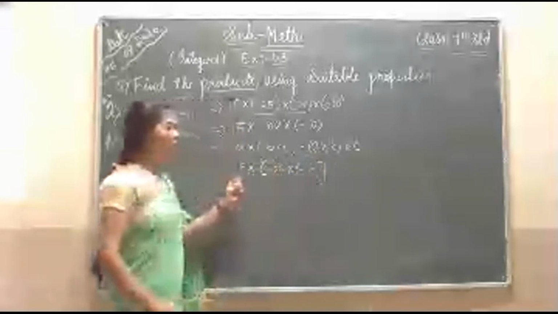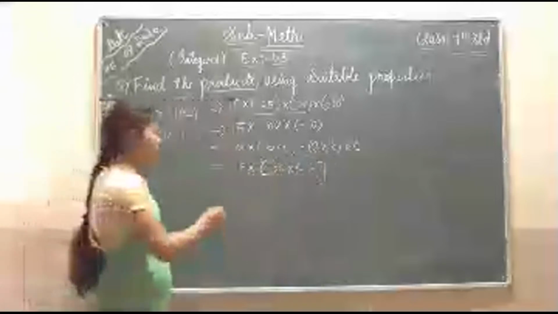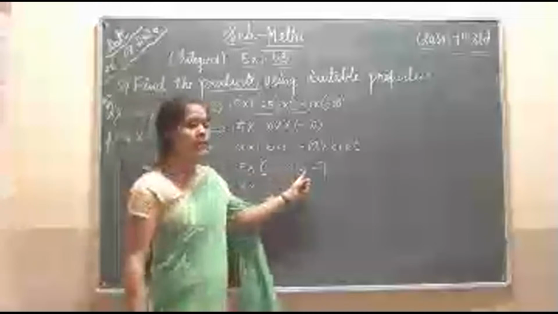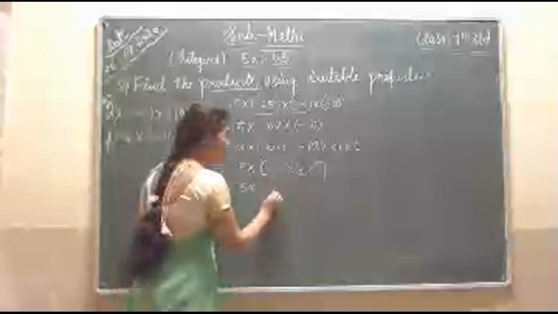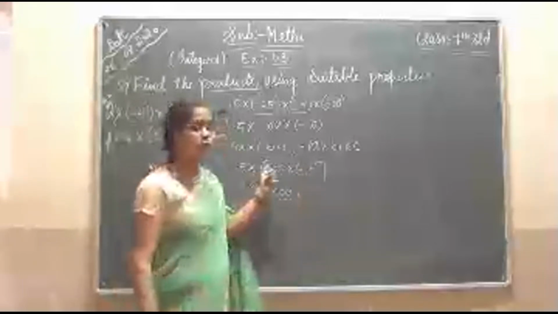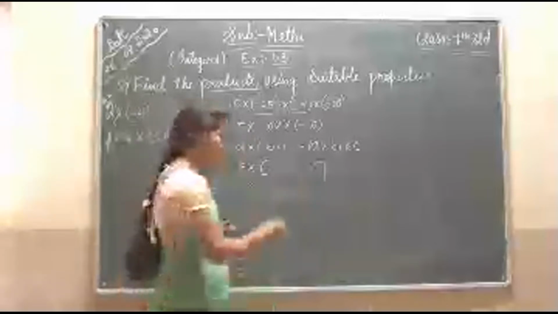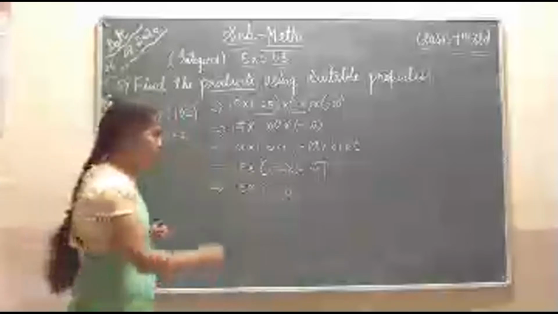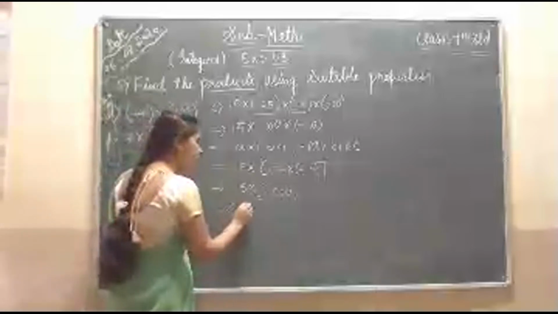A into B into C. Here, 15 keep as it is. 100 times 10 is 1000, but here one is positive and another one is negative, so minus 1000.